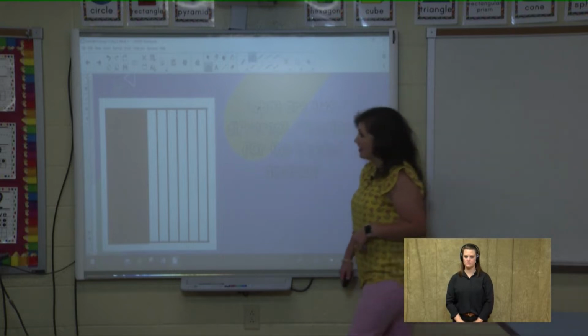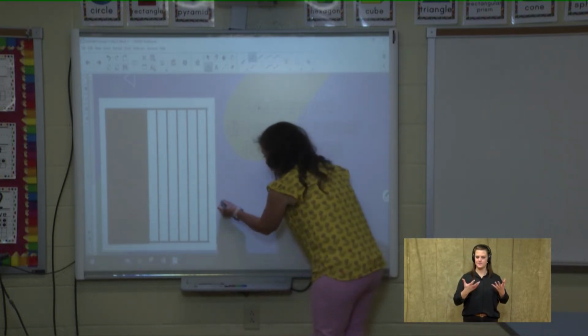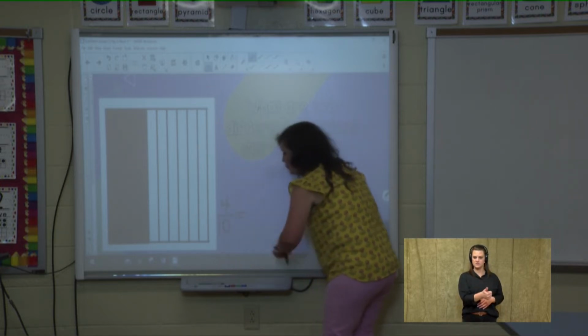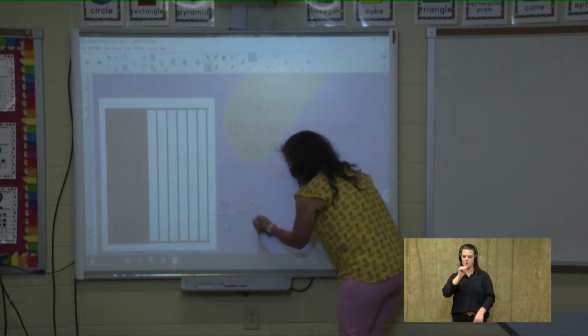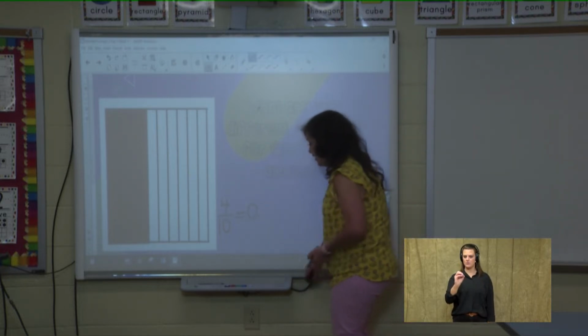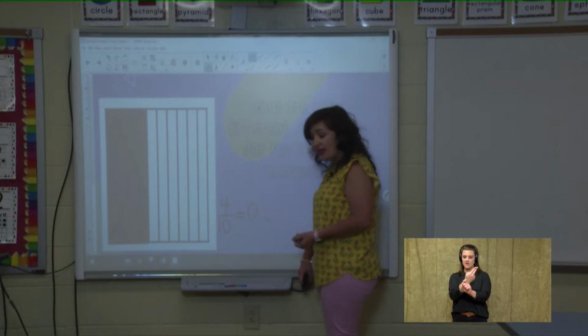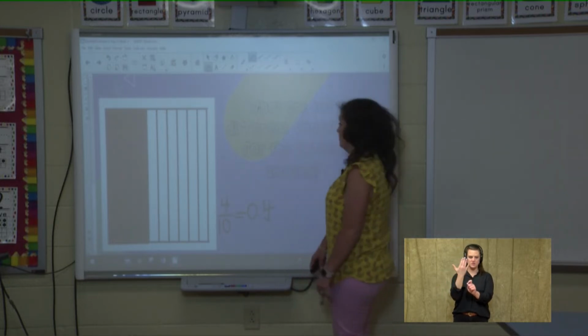All right, let's look at this one. We have how many tenths? 4 tenths. What would our decimal look like? Do we have any whole numbers? No, so we put a 0 there. And remember, this place is the tenths place. So since I have 4 tenths, I'm going to put a 4 in the tenths place.